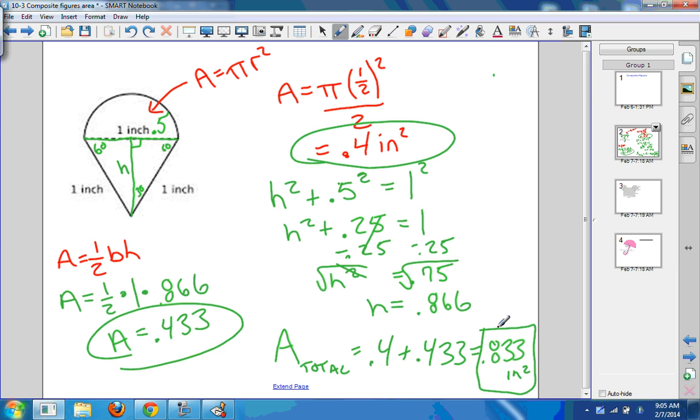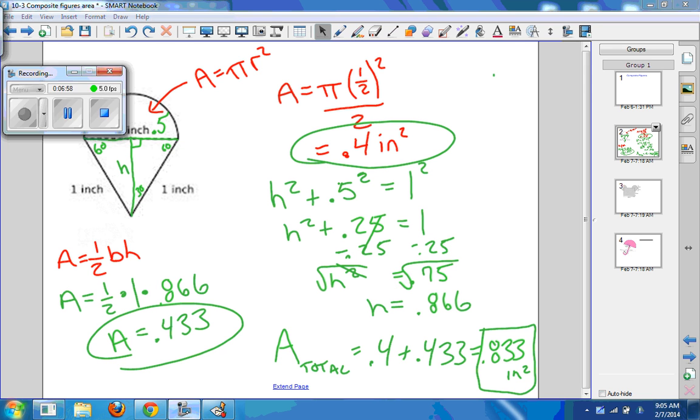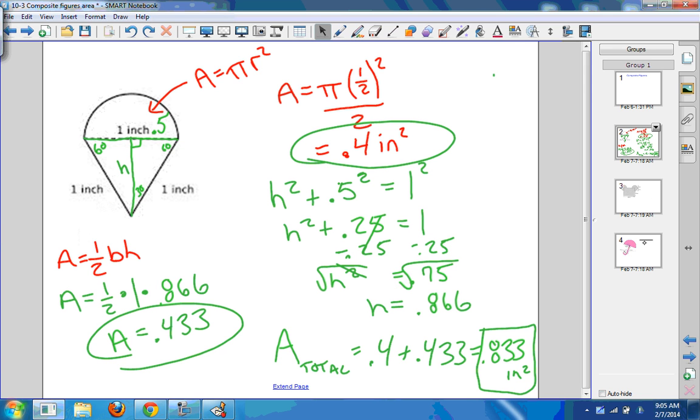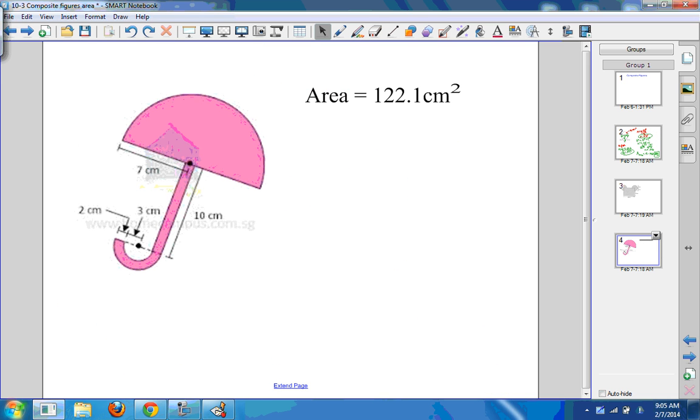All right, let's look at another shape. An umbrella here. So we need to break this down into some smaller shapes. It looks like this shape here is, once again, half of a circle.